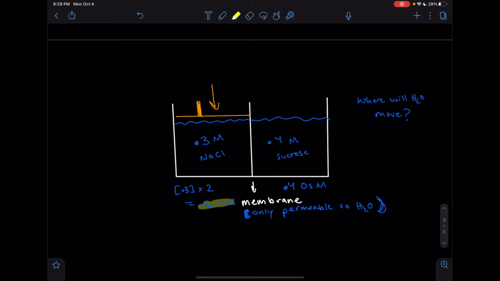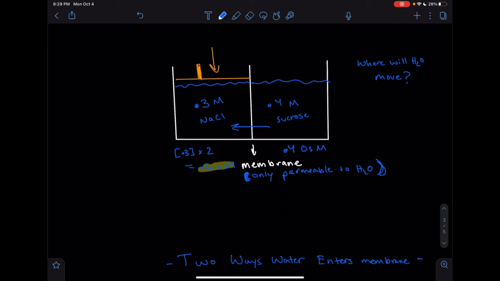Even though this has a concentration of 0.3 and this a concentration of 0.4, this actually has the higher osmolarity. So what's going to happen is you're going to have movement of water towards the NaCl because we are trying to reach an equilibrium of osmolarity. Does that make sense? We're trying to reach an equilibrium of osmolarity.